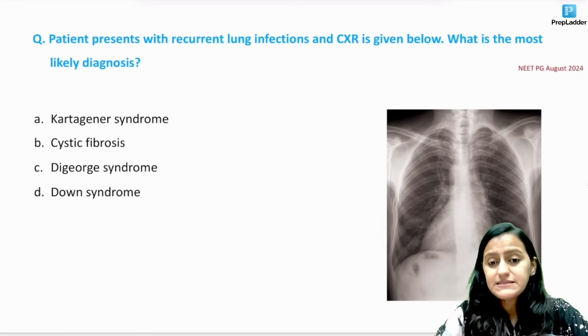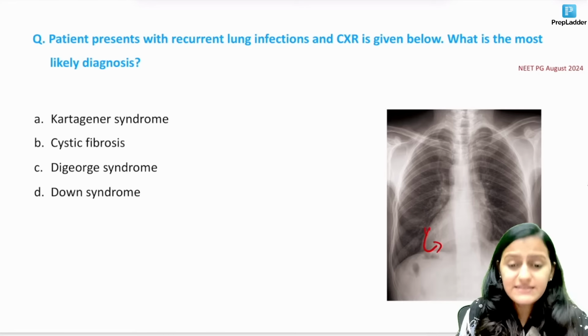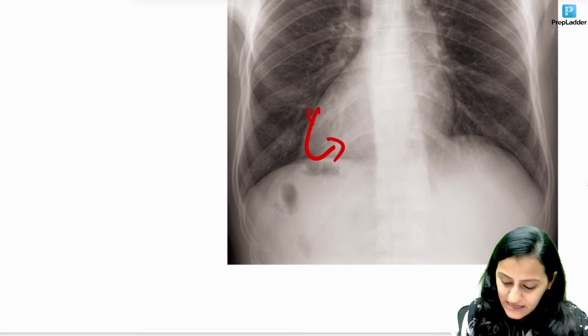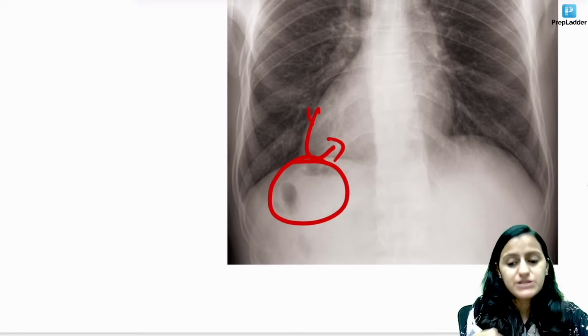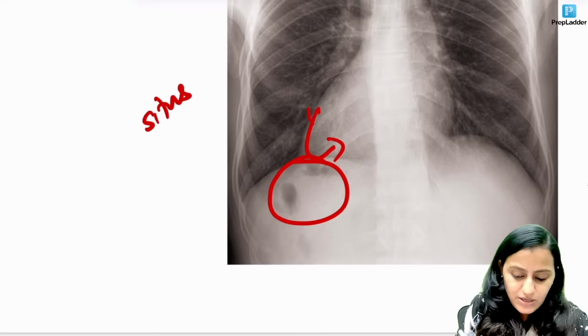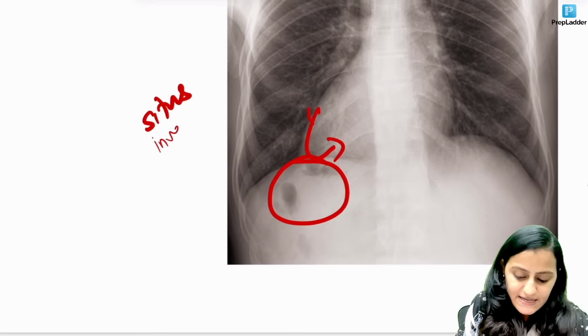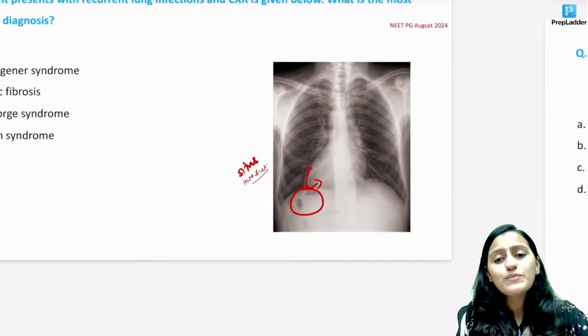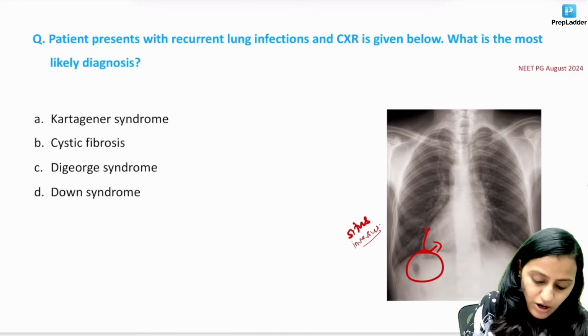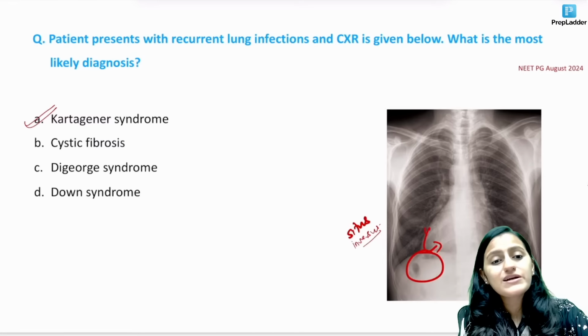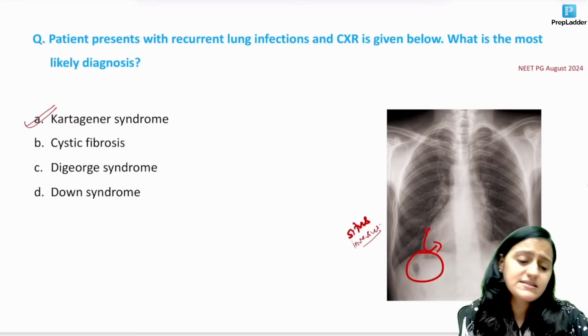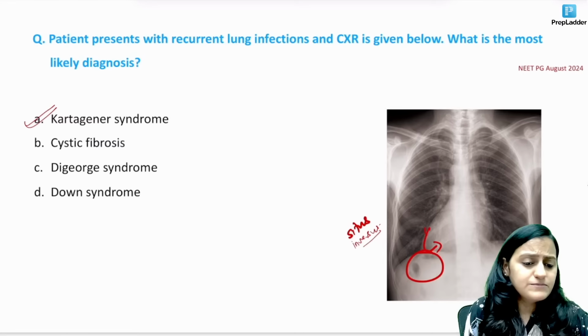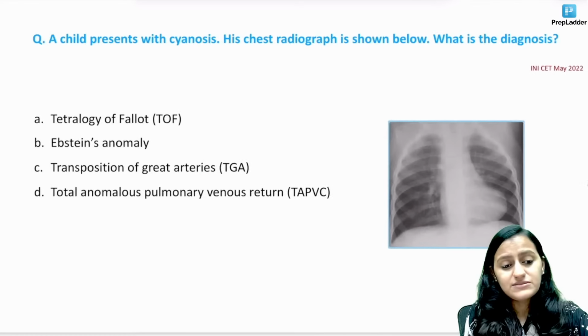The heart apex is towards the right side, and it's not just the heart apex, even the stomach bubble has come to the right. So this is not just dextrocardia, but situs inversus. So along with situs inversus, what will you think of? Kartagener syndrome. Okay, situs inversus, bronchiectasis, and sinusitis are seen in Kartagener.